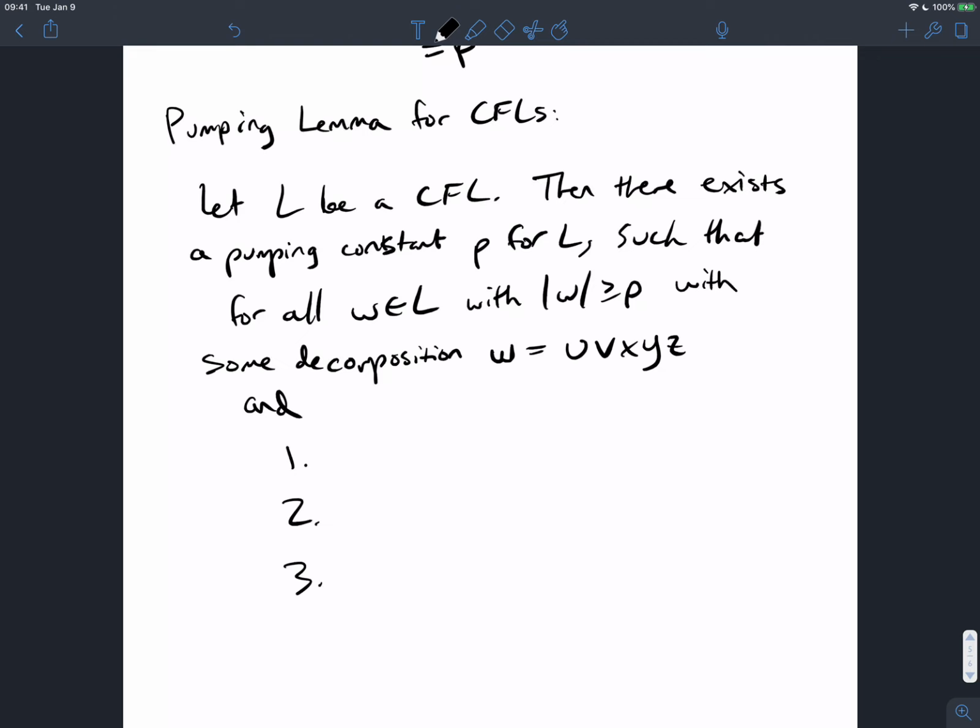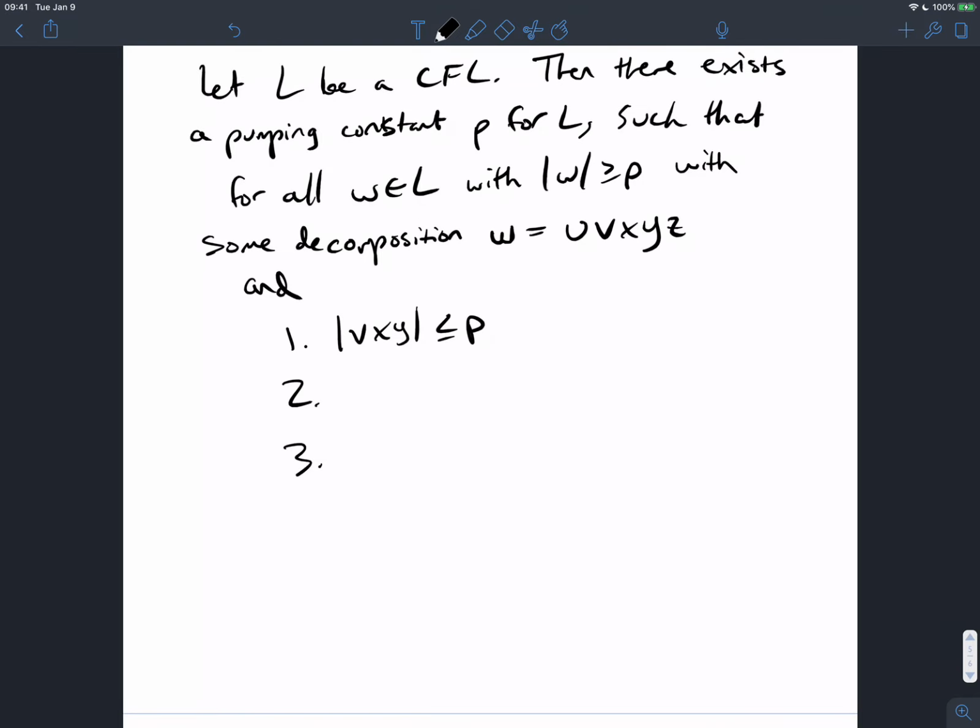So the 3 conditions are, we showed that the middle 3 pieces can't be too long because we just looked at the lowest 2 repeated occurrences of a variable, which means the length is at most this certain constant. So the VXY part, the middle 3 pieces, are at most P characters.